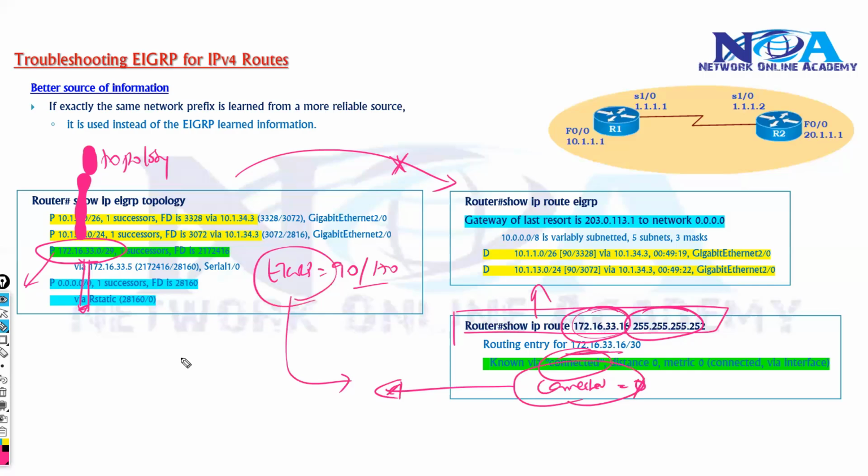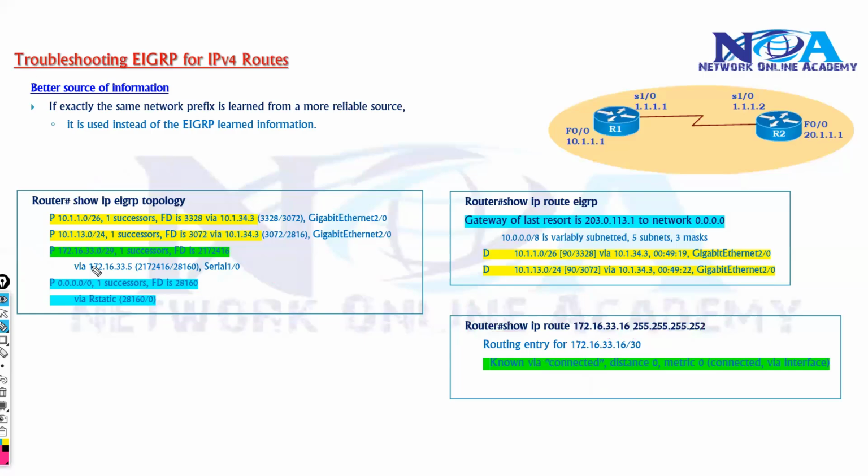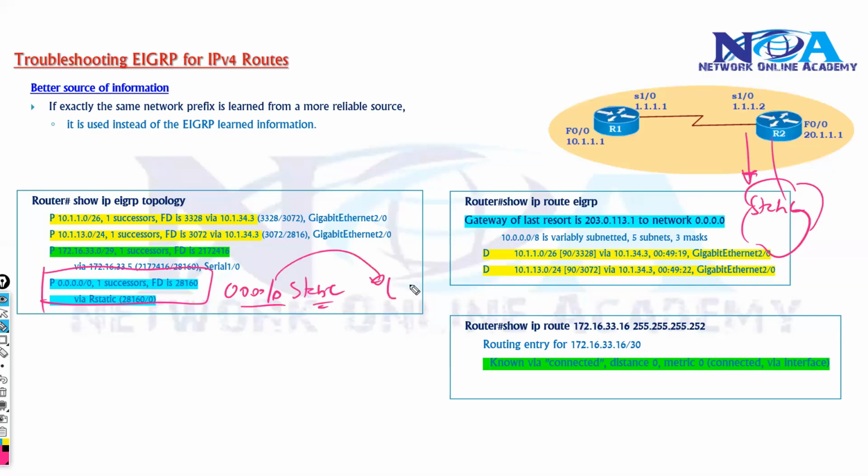Now the same thing is applicable for this one as well. You can see this one, the default route. Let's say there is a static default route pointing towards the ISP. This default route is statically configured and it is redistributed into EIGRP. Any redistributed routes will have the AD value of 170, so you will see this is redistributed static.